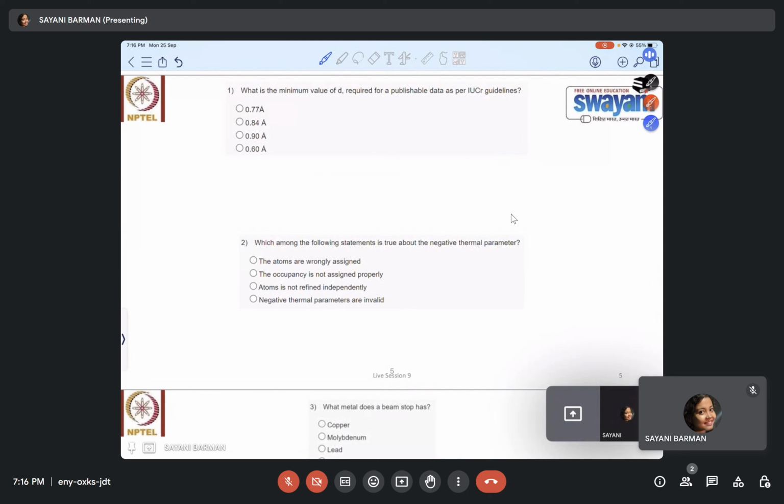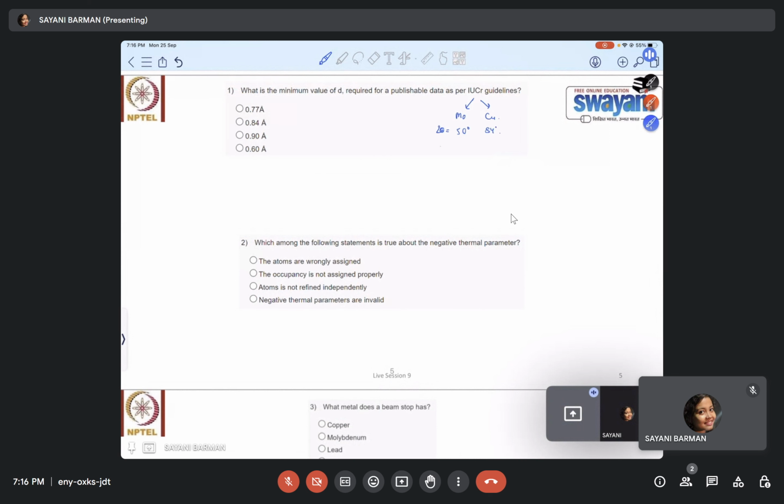So to get publishable data as per IUCR guidelines, we know the 2 theta value. We have 2 sources, molybdenum and copper. The 2 theta value for molybdenum is 50 degrees and for copper it is 84 degrees.